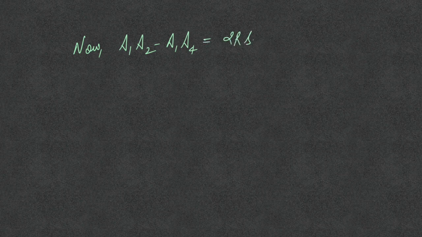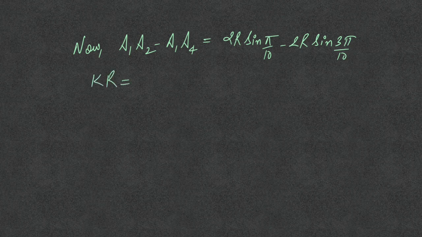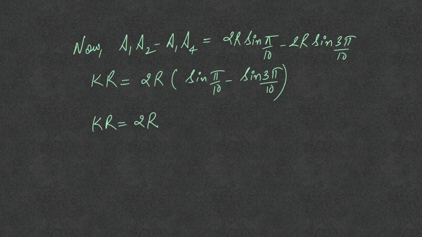A1A2 minus A1A4 can be written as 2R sine of pi by 10 minus 2R sine of 3 pi by 10, and this value is equal to k times the radius r. Taking 2r common, we get sine of pi by 10 minus sine of 3 pi by 10.